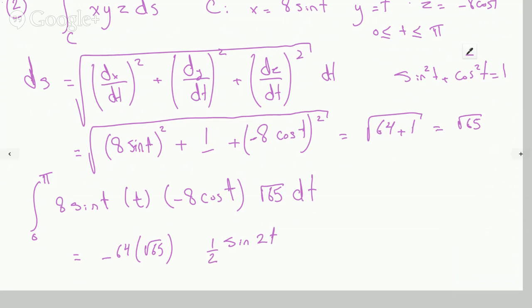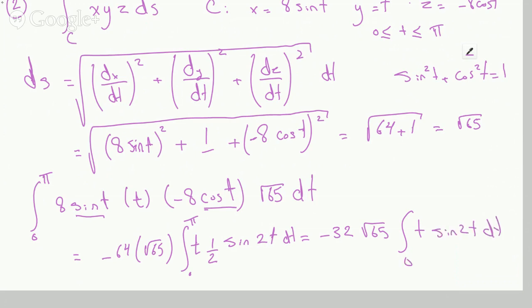So half sine 2t will be the same thing as sine t times cosine t, and of course we have another t sitting here, so we can pull the half out and we get minus 32 square root 65 times the integral of t sine 2t dt. And the way this integral can be evaluated is using integration by parts.